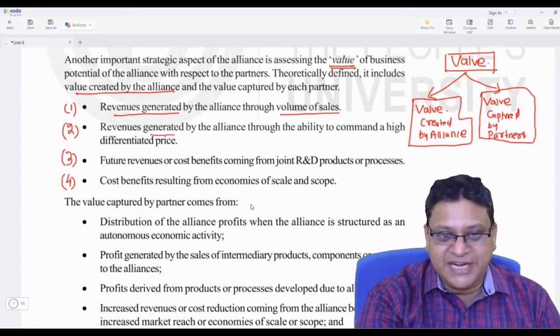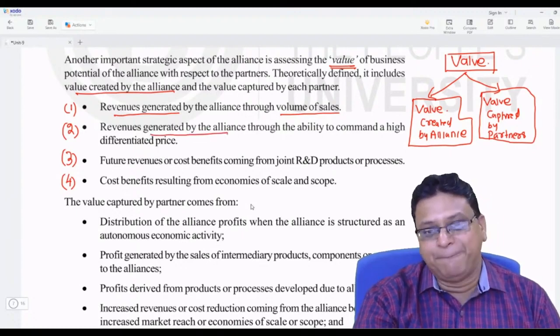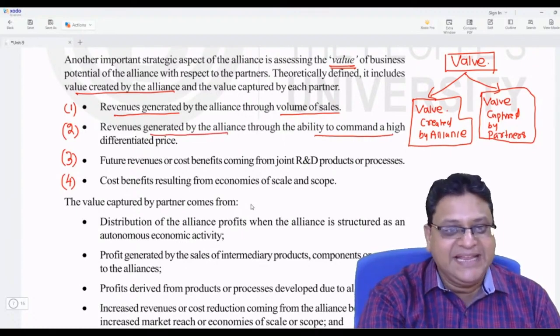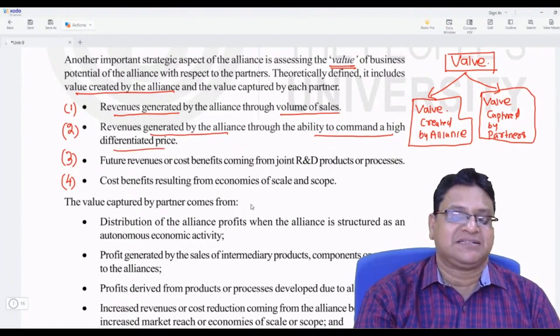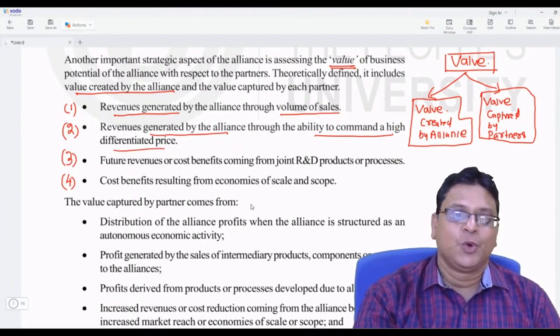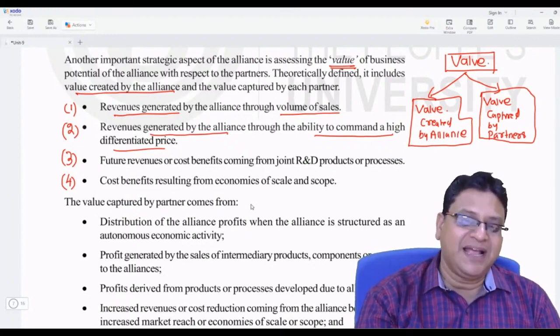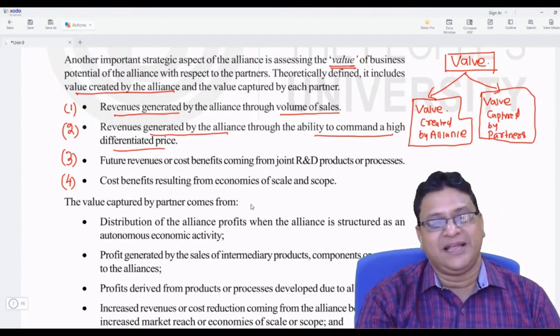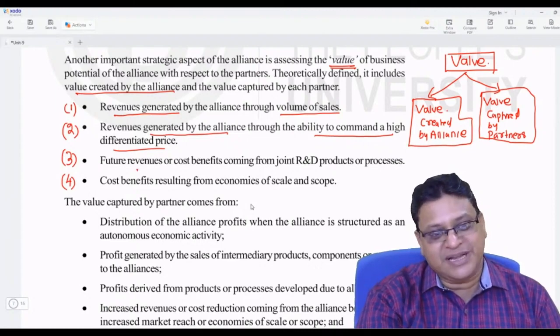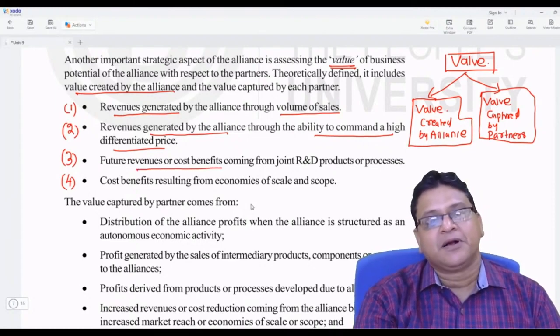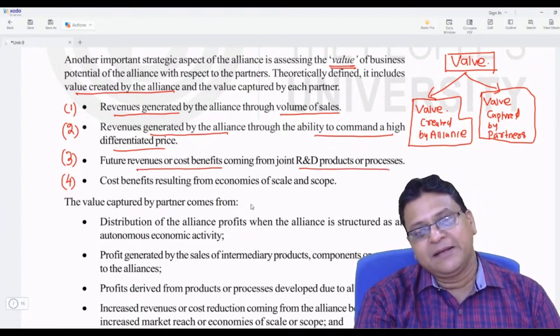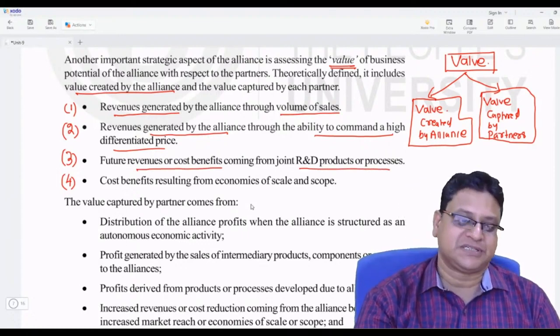The revenue generated by alliance through ability to command high differentiated price. What is differentiated price? Local made product is selling at a cheap rate, where alliance based product is sold at a premium rate. Next, future revenues or cost benefit comes from R&D products or processes.